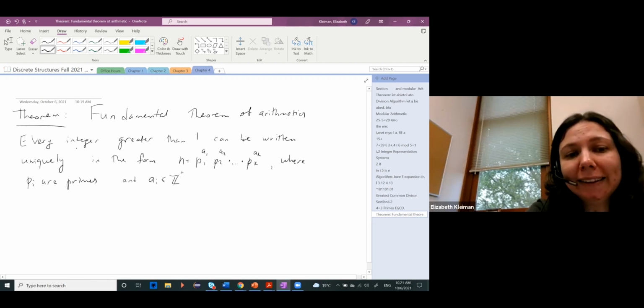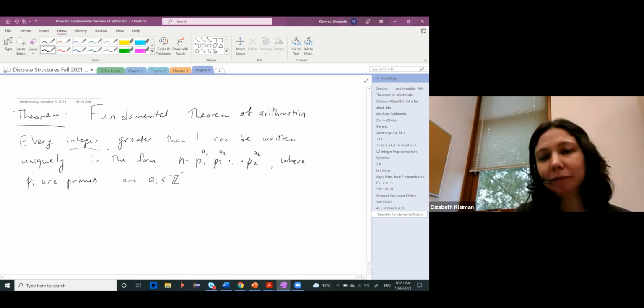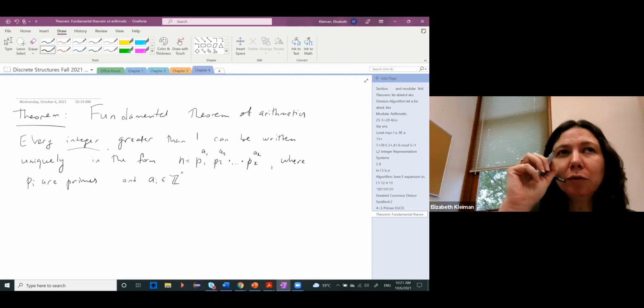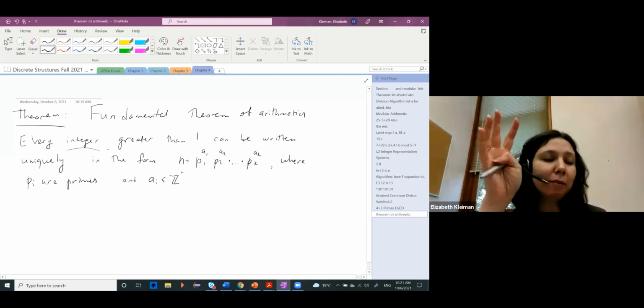And again, n is an integer, so we can always represent it like this. So powers of primes. Every number can be uniquely represented. I do not care about order.